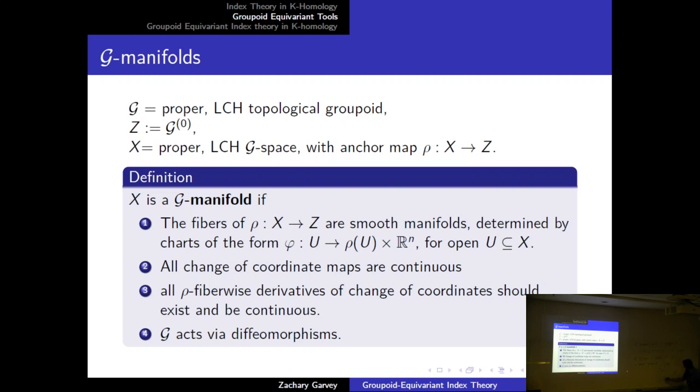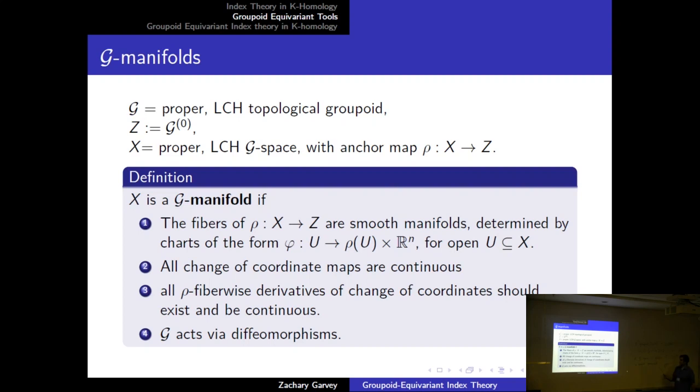So this goes to a neighborhood like this, and the smooth structure for the fibers of rho, so these are smooth manifolds here, comes from restricting these charts to these fibers over R.